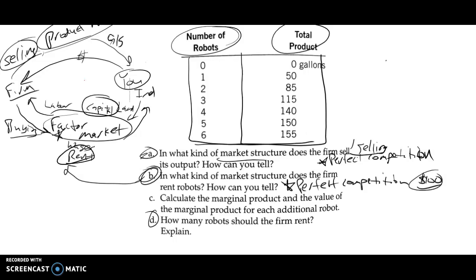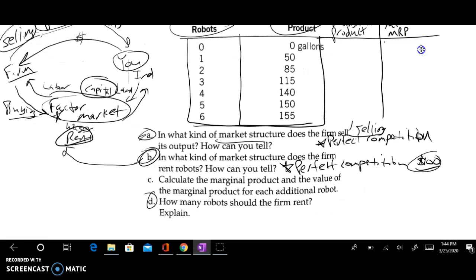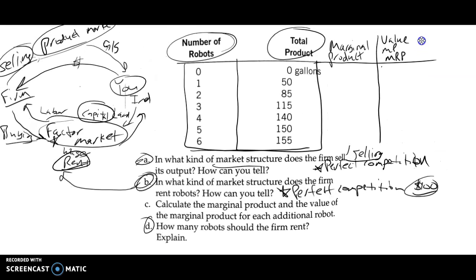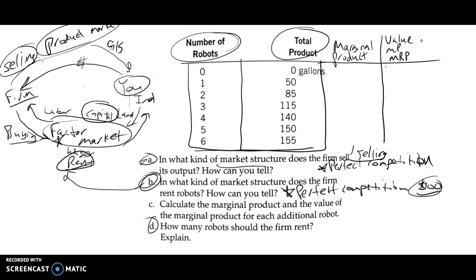The first column that we want is the marginal product of labor. And the next one, in this context, they call the value of the marginal product. We've typically referred to it as the MRP, the marginal revenue product, or the value of the marginal product.